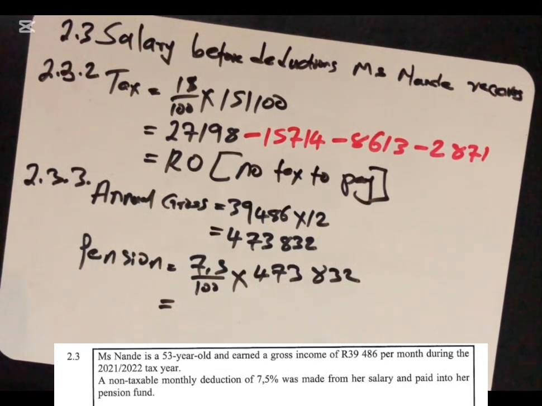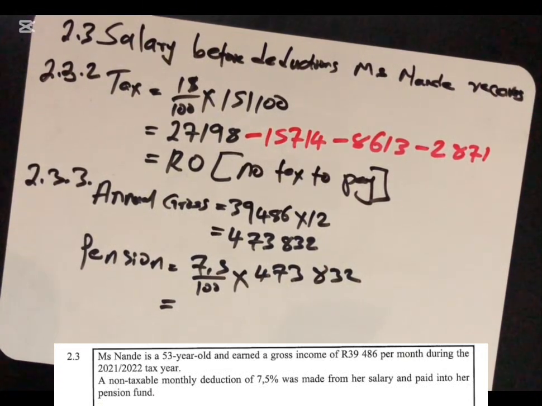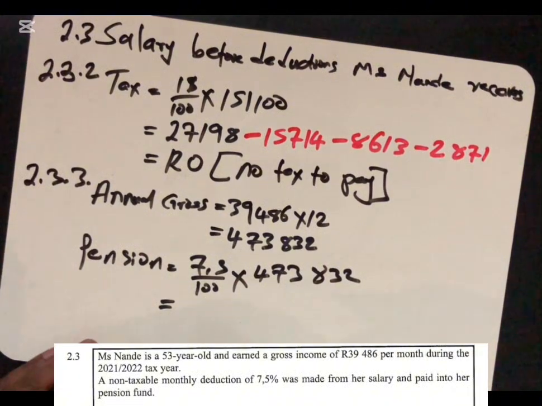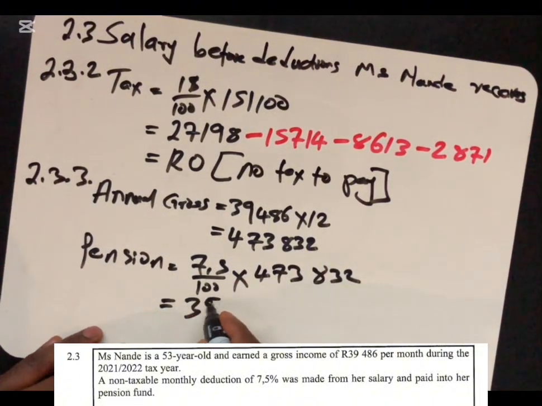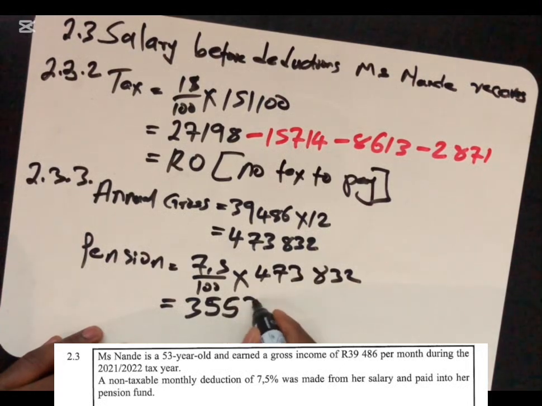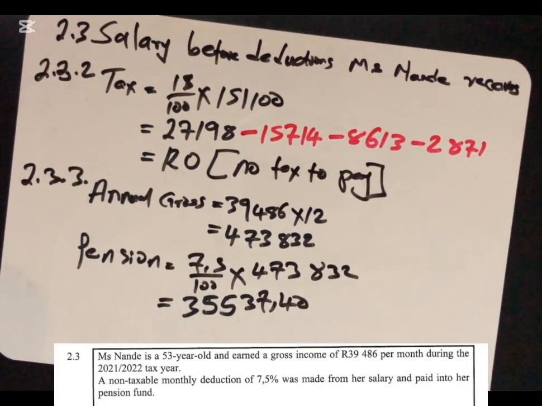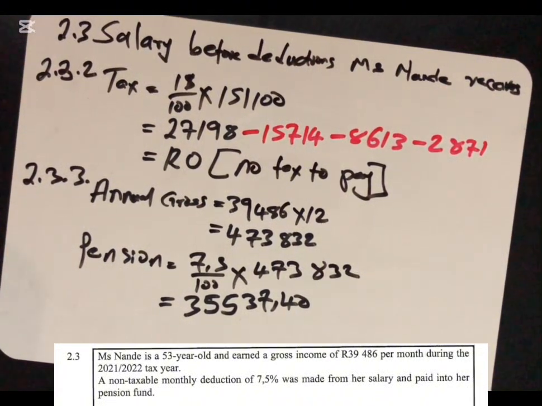Let's check how much she is paying toward her pension fund: 7.5 over 100 multiplied by 473,832. So this is what she contributes in a year, which is 35,537.40. This is the amount that she's paying for her pension fund.